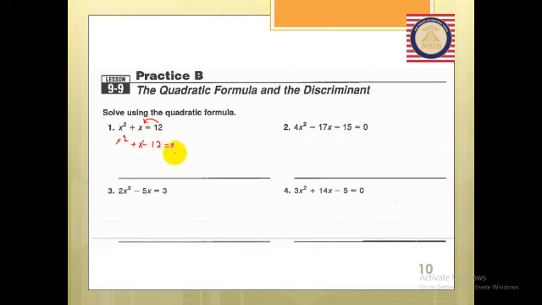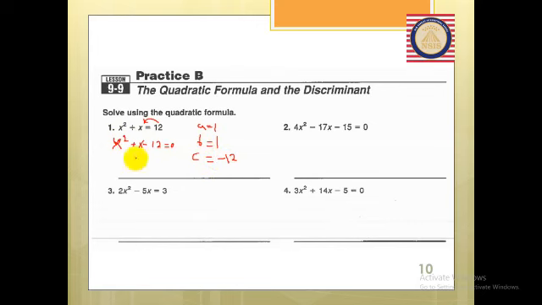Then I'm going to identify my elements. A equals 1, and b equals also 1. This is a, this is b, and this is c. My c is negative 12.